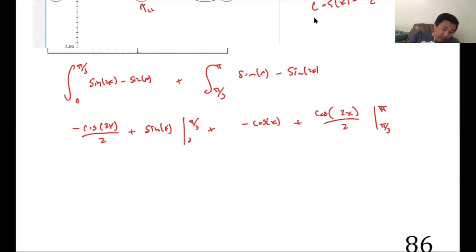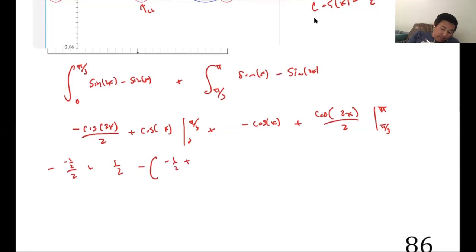Within pi over 3. That is negative 1/2 over 2 plus. That should be cosine 1/2 minus pi and 0 and negative 1/2 plus cosine of 0 is 1.